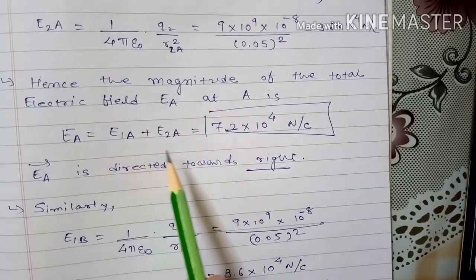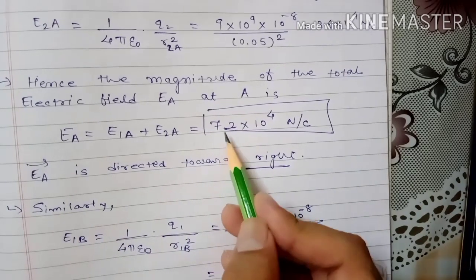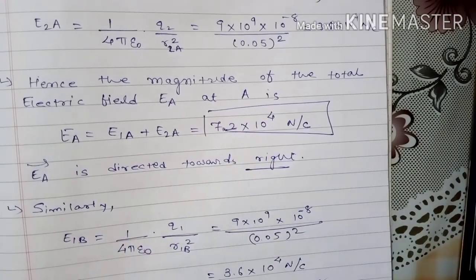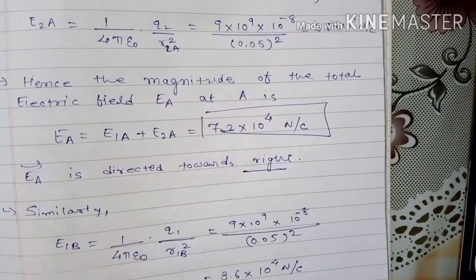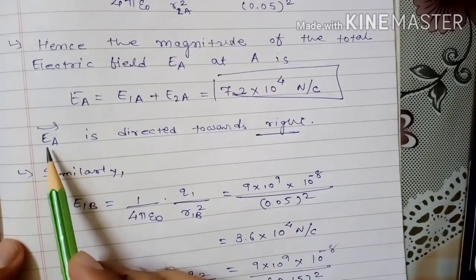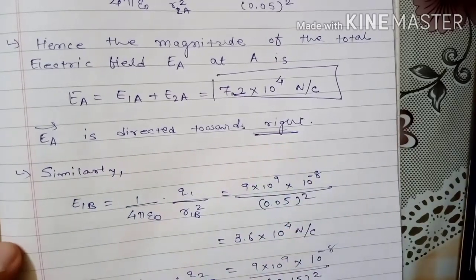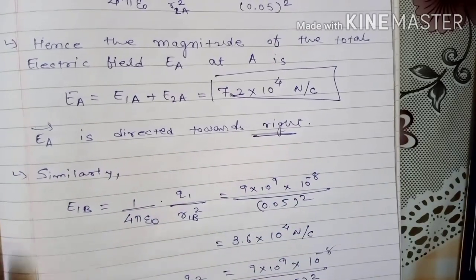If we take 10 raised to 4 common, then 3.6 plus 3.6 will give us 7.2. 7.2 into 10 raised to 4 Newton per coulomb is the answer. That is the electric field at point A. If we consider direction, then the direction of the electric field is towards the right, towards the negative charge.